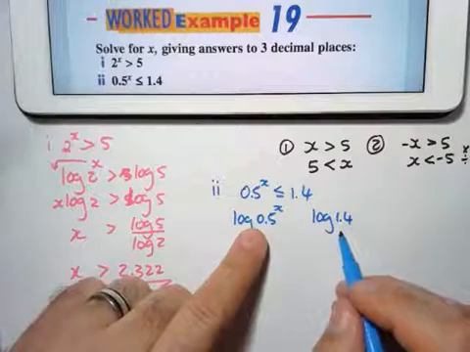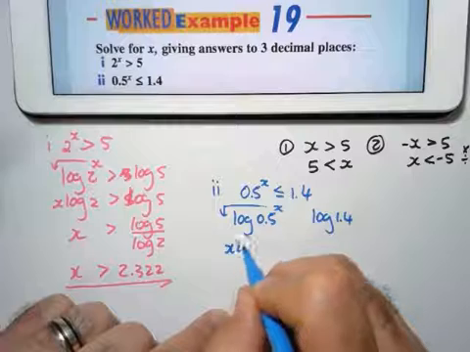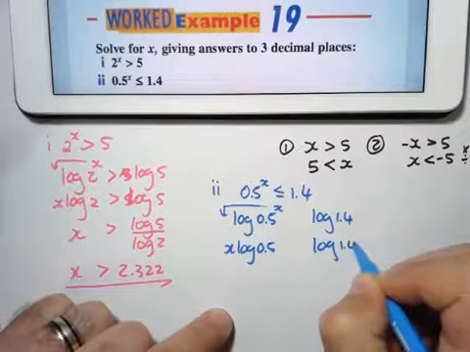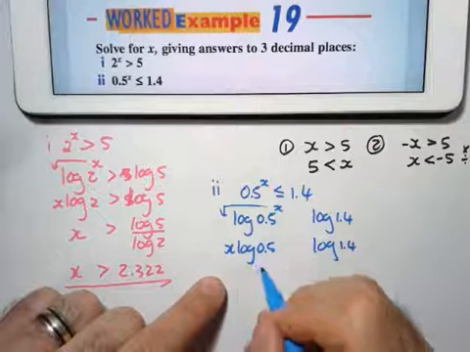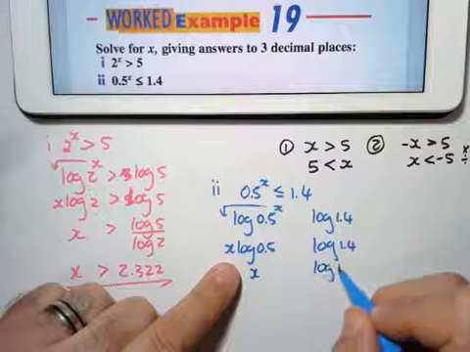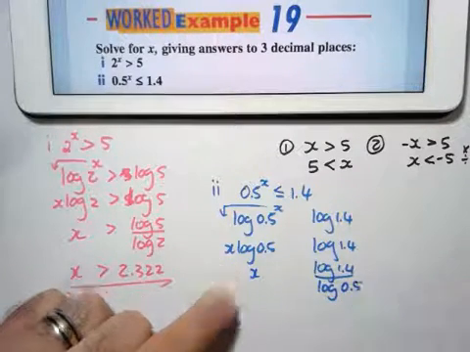X goes to the front, so it becomes x log 0.5, log 1.4. I divide by log 0.5 on both sides, so it's log 1.4 divided by log 0.5.